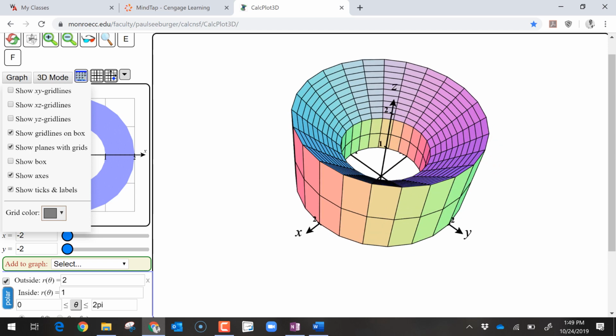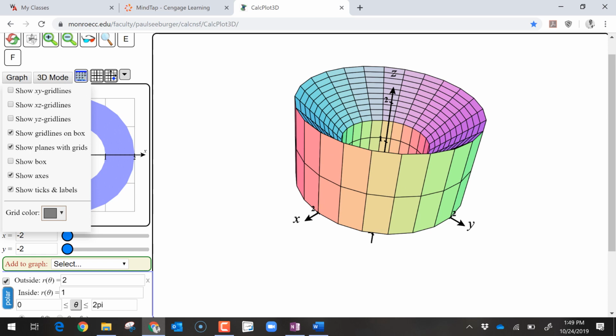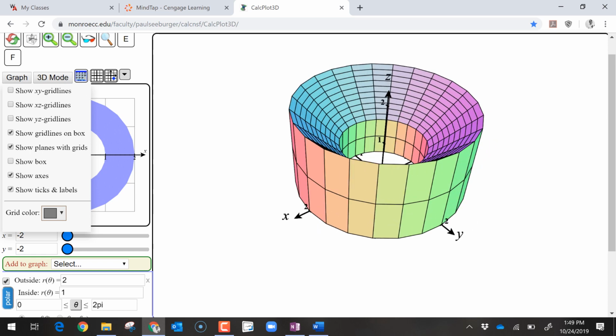There it goes. Pretty cool, huh? It's like the stadium. What's that called? Rome? Coliseum. It's like a coliseum. Interesting.